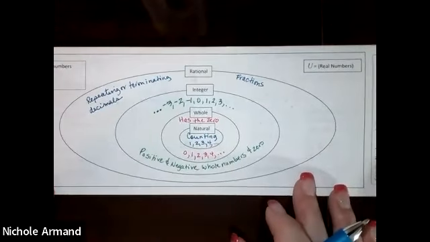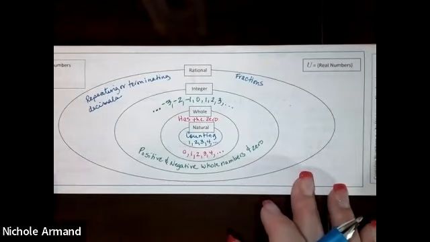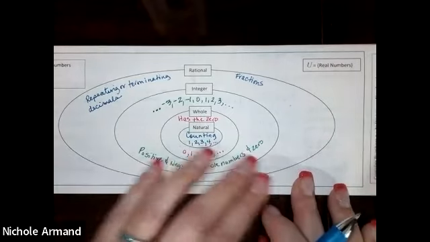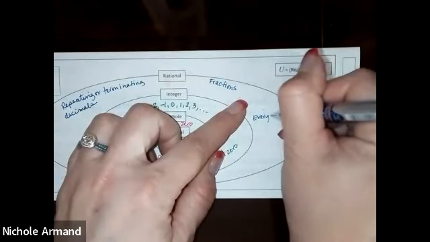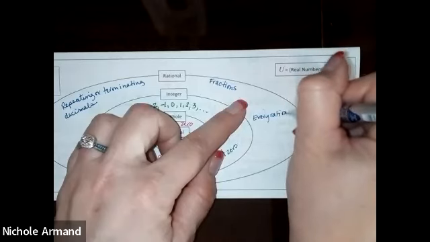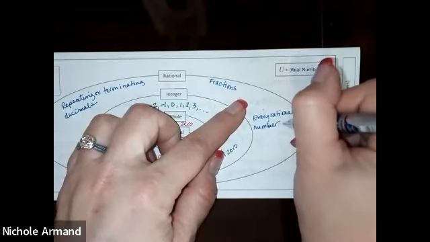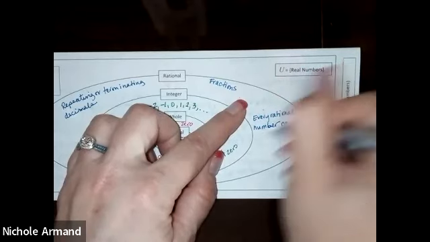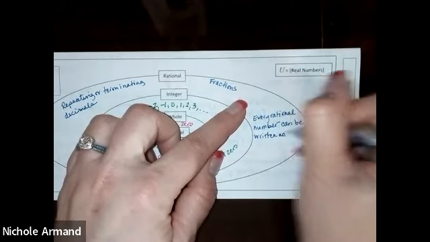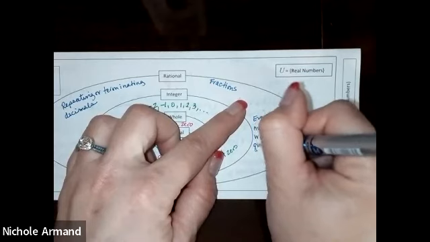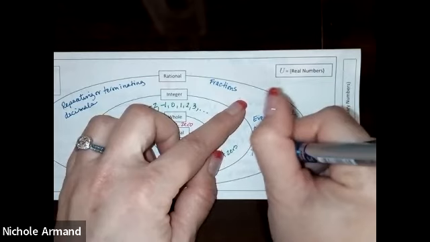The thing that's important about rational numbers, and I'm going to show you some examples in just a minute, is that every rational number can be written as a quotient of integers.